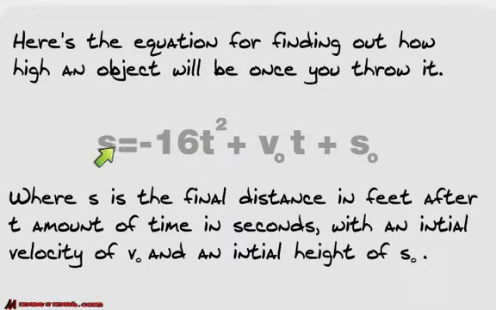S is the distance of where an object will be after t amount of time with initial velocity of v naught, v with a little zero, and initial height of s naught. So s represents the height, s naught represents the initial height. If you're 6 feet tall and you throw the object in the air, you'd put a 6 there. Where's the object going to be after a specific amount of time? That's what we're looking at today.